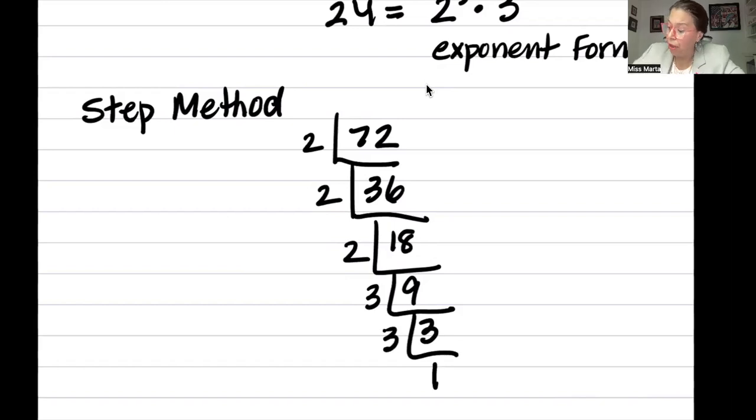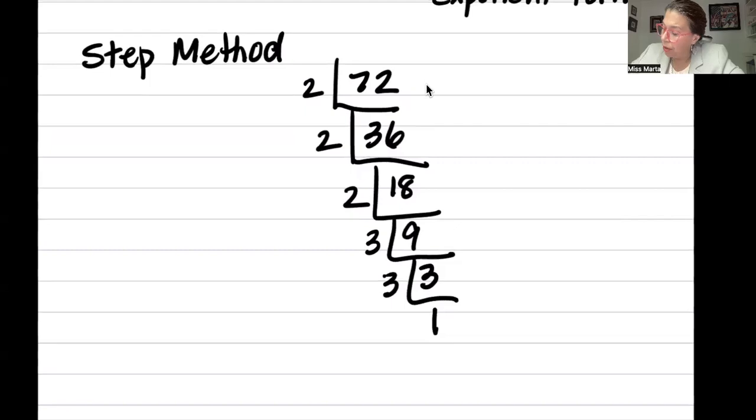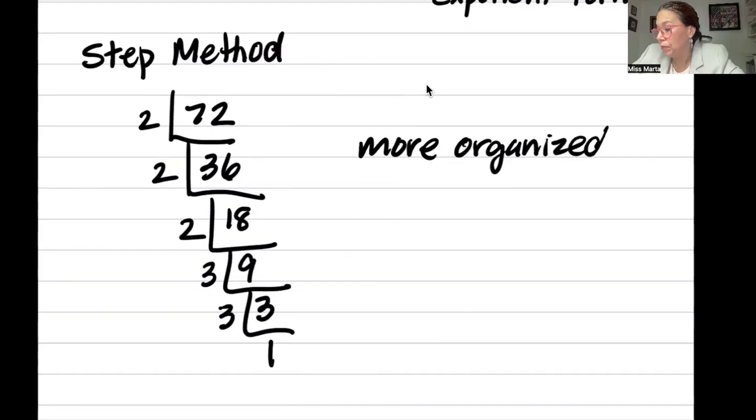So the step method, let me move it down a bit here so you can see it. The step method is a more organized method. I recommend it, especially if you feel that organization is something that you need, or if you want to have the prime factors in order from least to greatest.